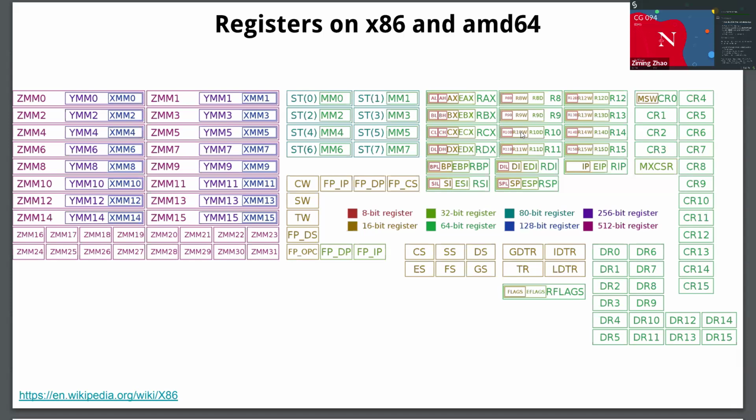They're not in memory. All of this is part of the CPU, usually made of SRAM, while memory is usually DRAM. So all of these are not addressed by an address. They are addressed by their name. So the instruction is like move EAX, not move address.